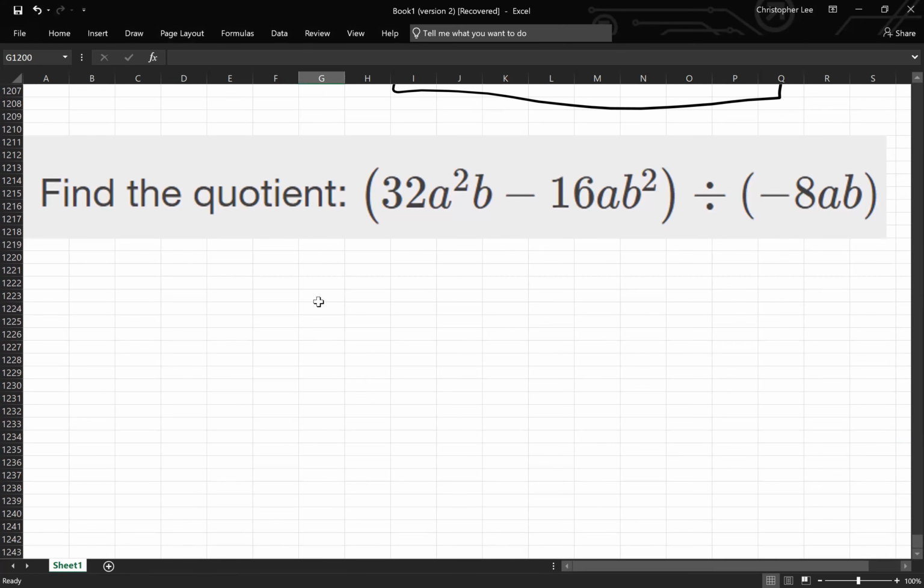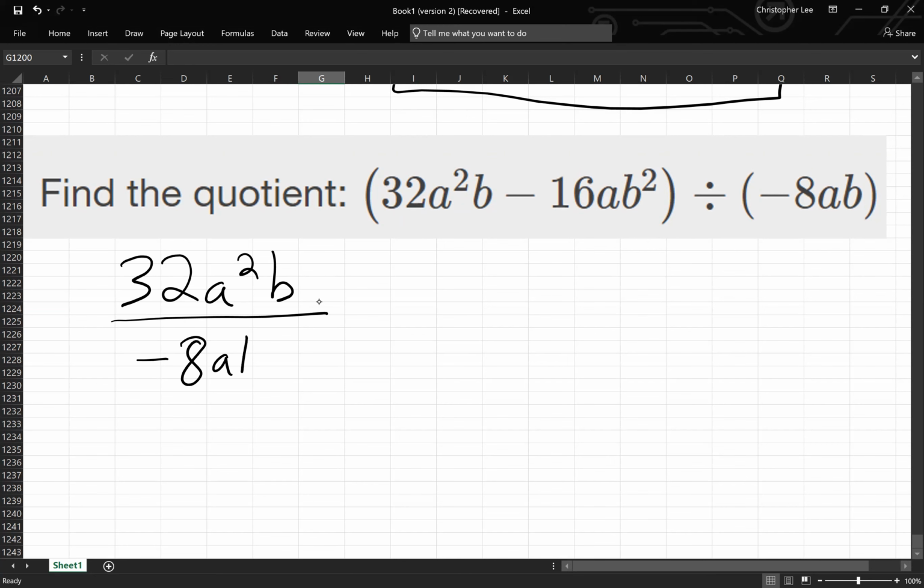All right, let's try it out. So I have 32a squared b over the negative 8ab, plus a negative 16ab squared divided by a negative 8ab.